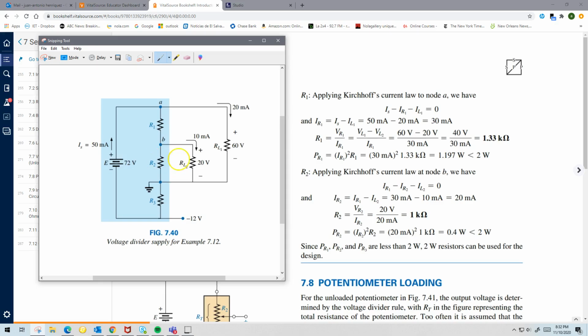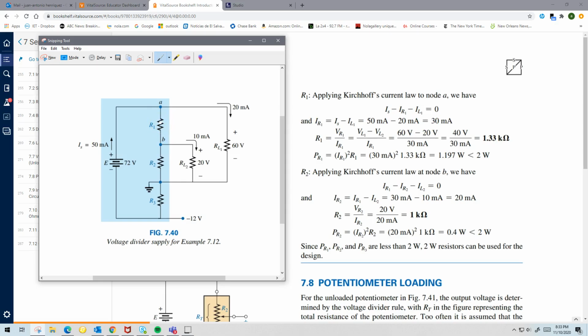And finally for R2, the same approach. Let's look at the currents. At point B, you have 10 milliamps coming out, and then you also have 30. Yeah, we already calculated this current through R1 as 30 milliamps.